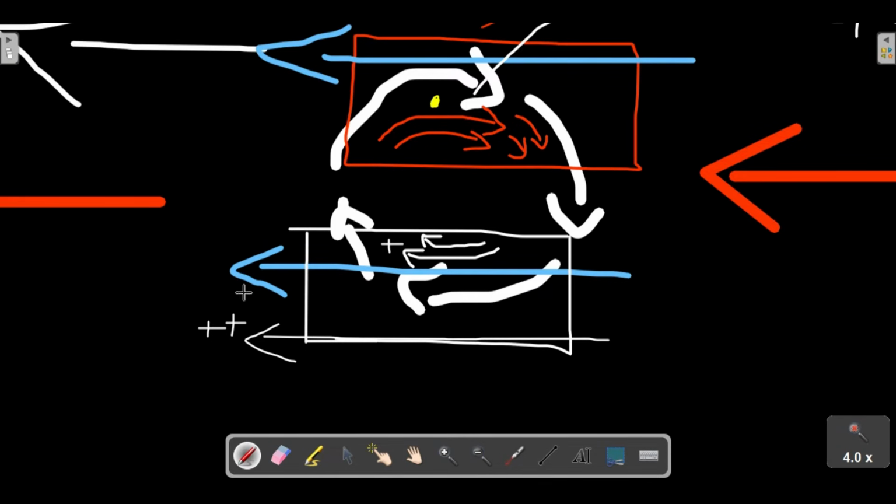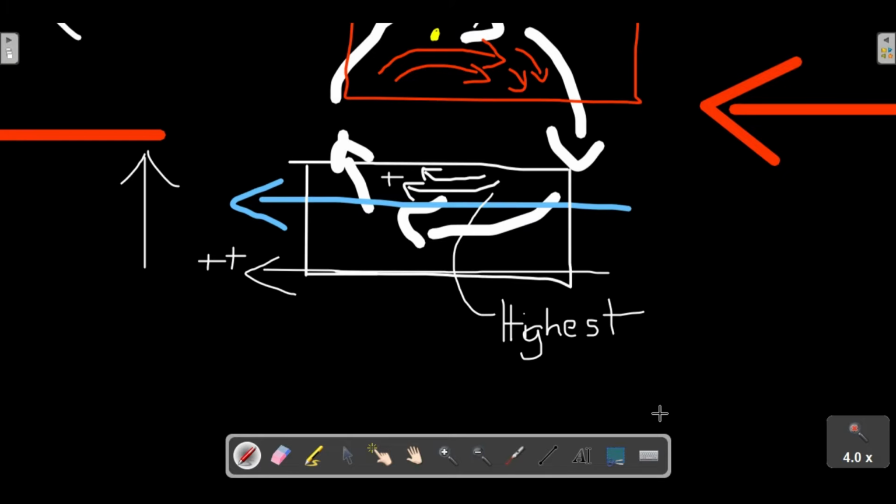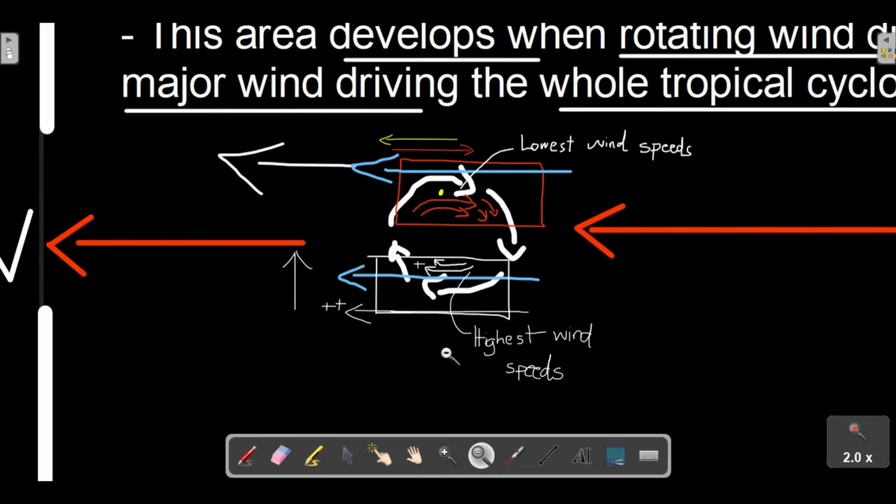This means that in this region we'll have the highest wind speeds in the tropical cyclone, and this region we call the active quadrant. It's the most aggressive, the most dangerous area within the tropical cyclone. I hope you got me there, guys.